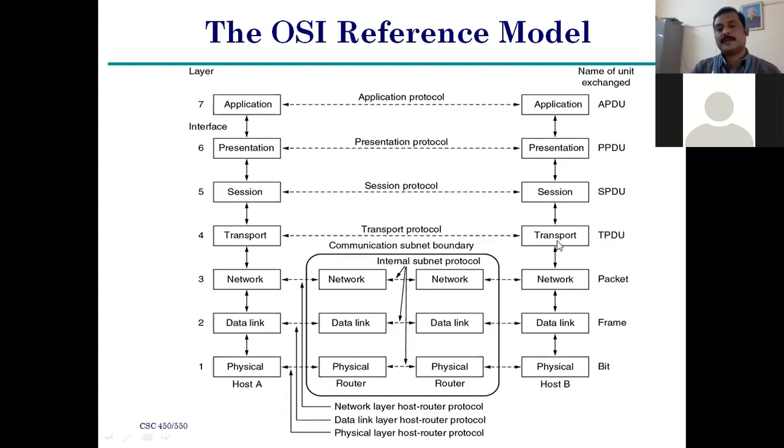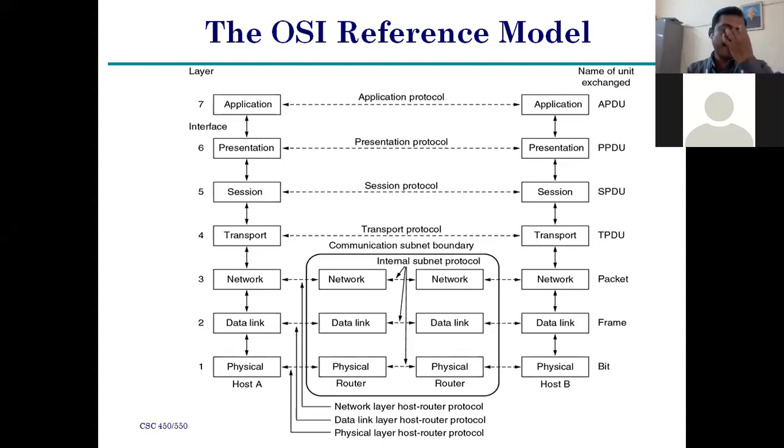In the transport layer, there is a type of protocol data unit called the transmission protocol data unit. Based upon it, the information is transmitted successfully. For that transmission, there are two types of protocols available: one is connection oriented, and the other is connectionless. For connection oriented, there is the TCP protocol.